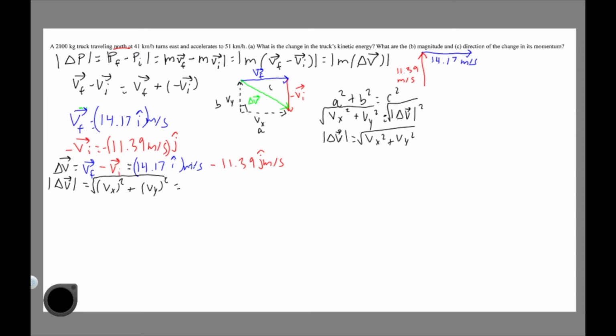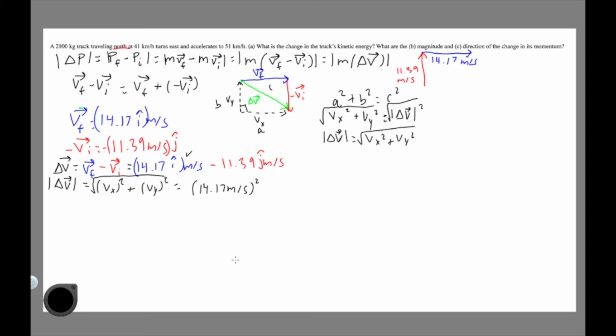Since Vx is equal to the length of Vf, which is over here, we can say that Vx is equal to 14.17 meters per second.